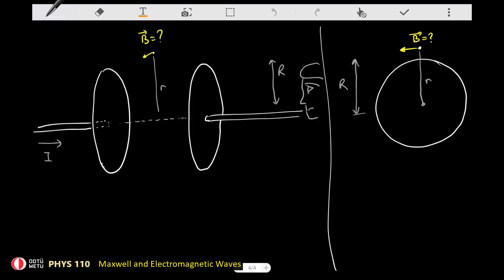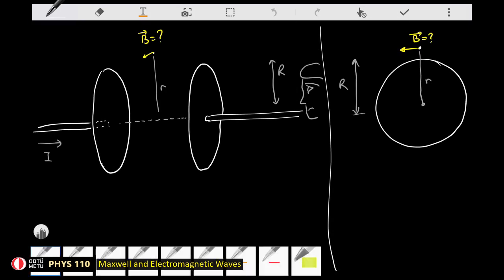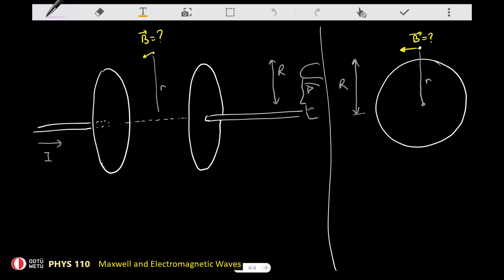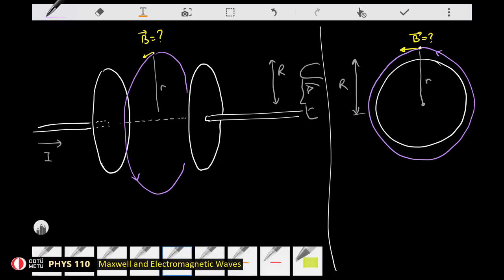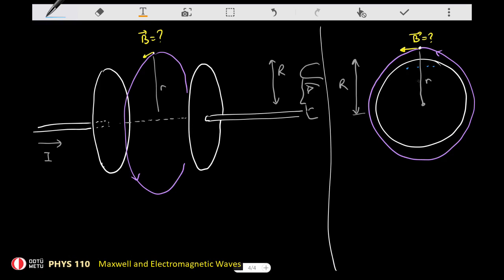Let's then quickly go ahead and do this one. What happens if the point is outside, or the distance of the point from the axis is bigger than the radius? So again, the choice is the same. Geometrically we choose the Amperian loop like this. The Amperian loop has a radius which is little r, but who cares what that is?